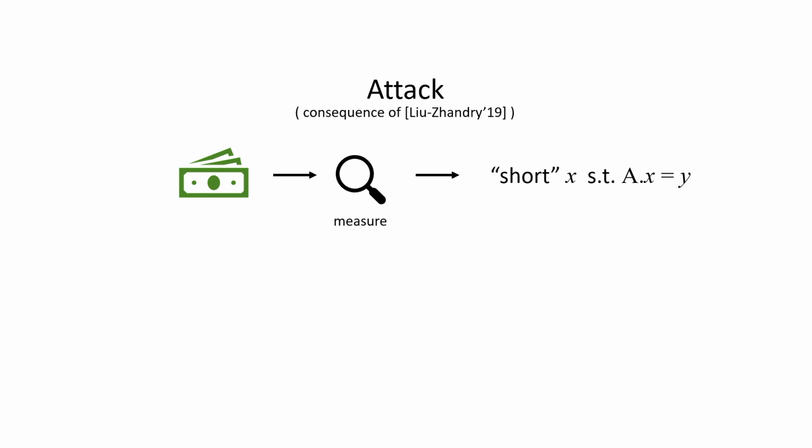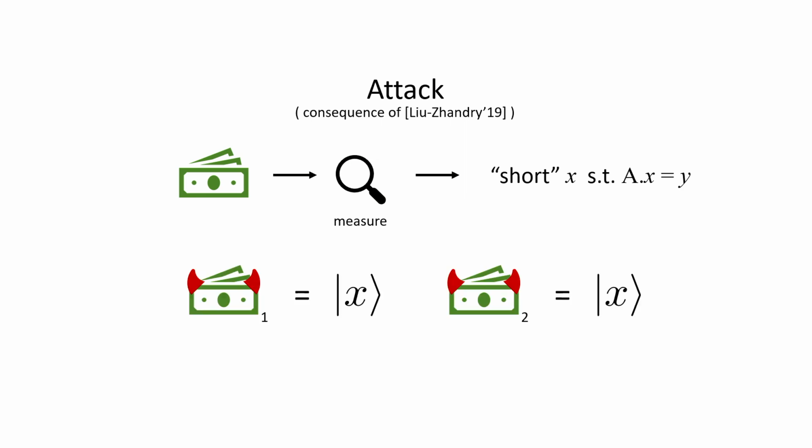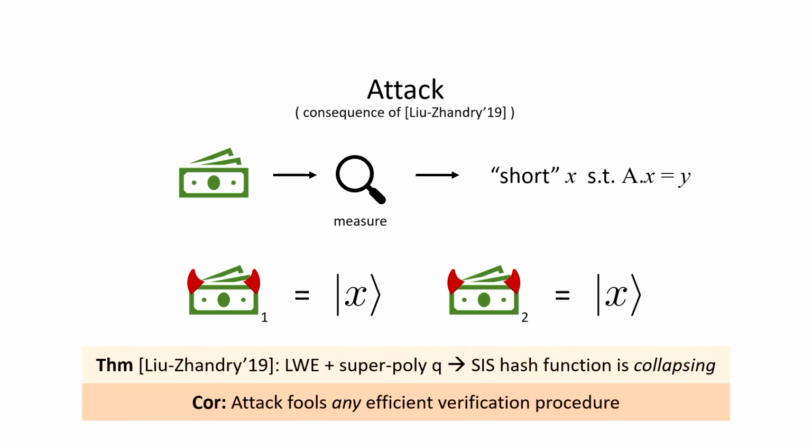Now because x is a classical string, the attacker can make two copies of it and pretend that both of them are the banknote. Liu and Zhandry showed that no polynomial time verification procedure can distinguish these from the real banknote. In more technical terms, this just means that the short integer solution hash function is collapsing. And what this means is that the scheme is insecure.